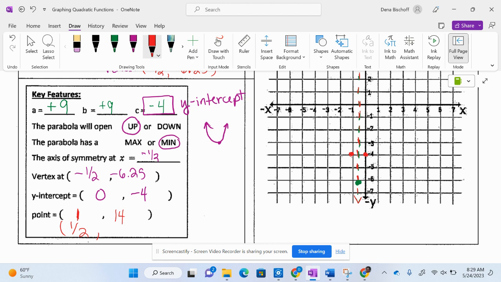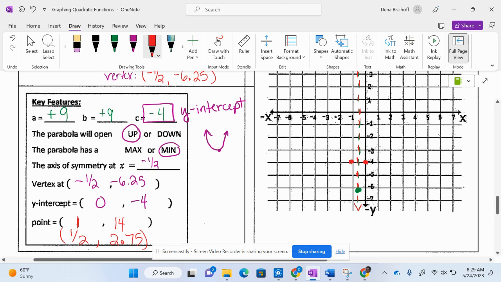What do you get? 2.75. Did everybody get that? Yay or nay? So when x is 1/2, my output is 2.75.